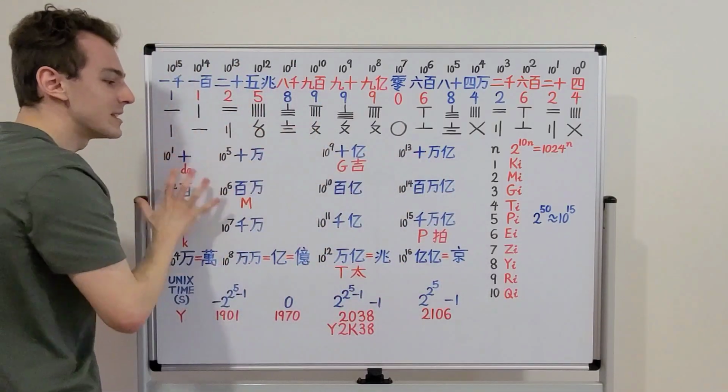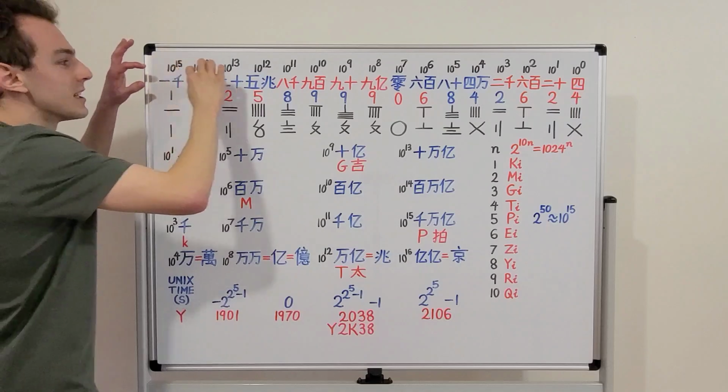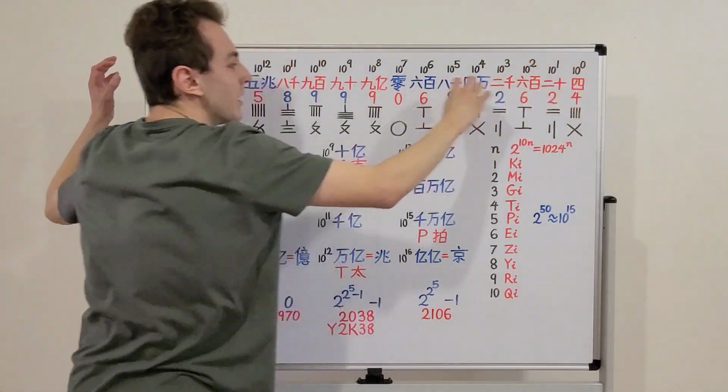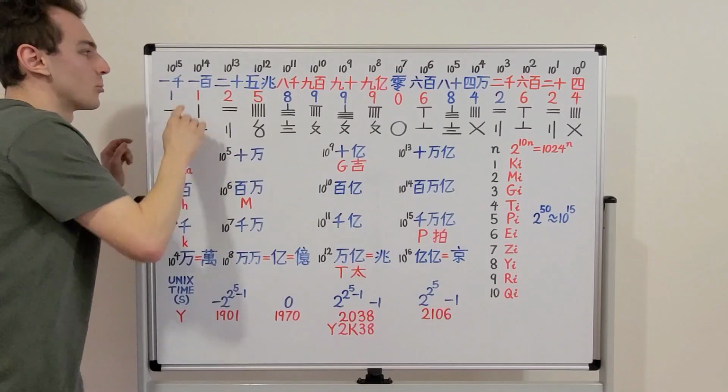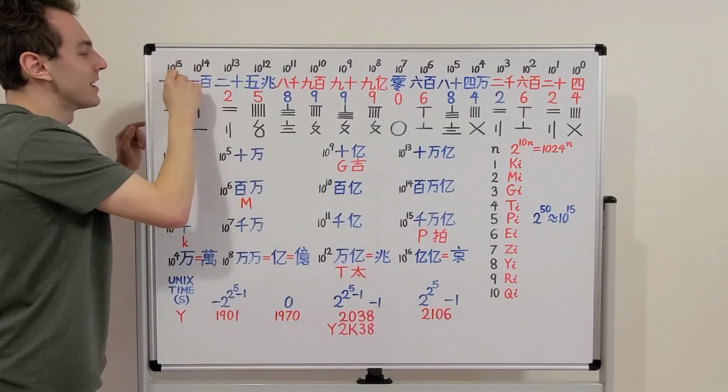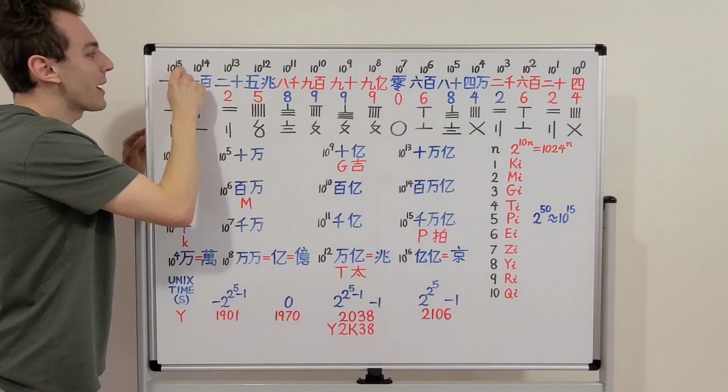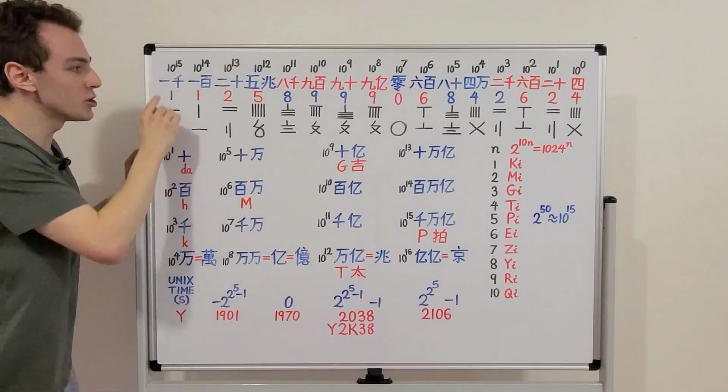So now that we have examined these characters, let's read this top line above the Hindu Arabic numeral representation. So we can start over here from the value that's next to 10 to the power of 15. So I'm going to read out these values.